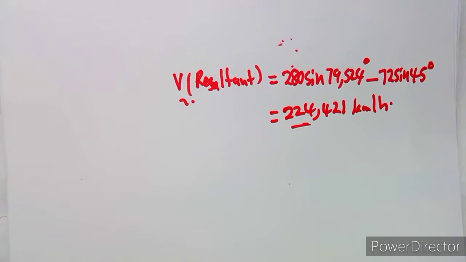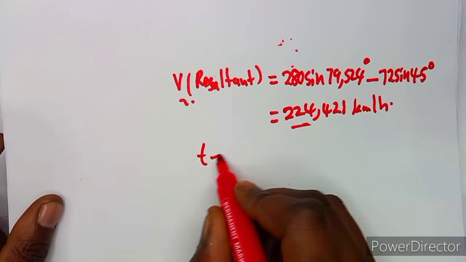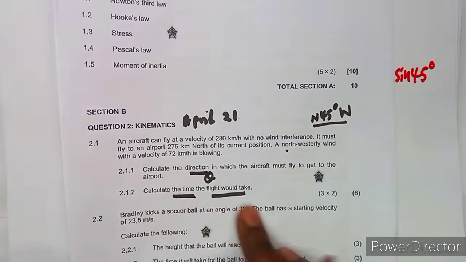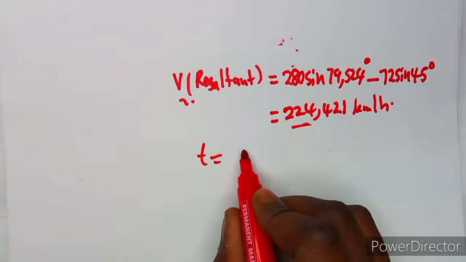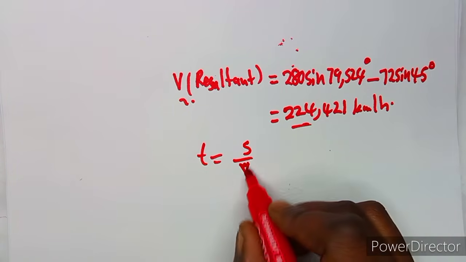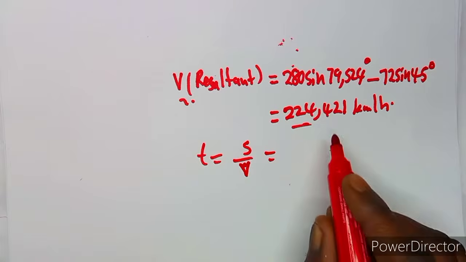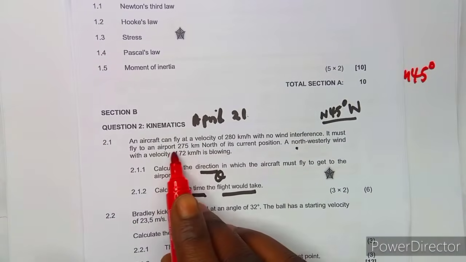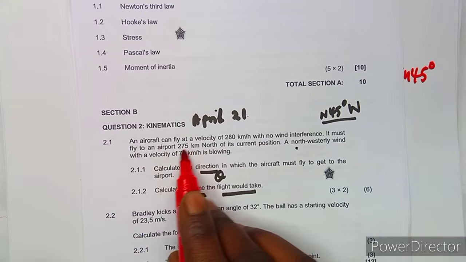Then what are we going to use with this resultant velocity? Remember that we are calculating time, so time is displacement over the resultant velocity. The displacement is what the plane is going to cover, 275 kilometers to the airport.